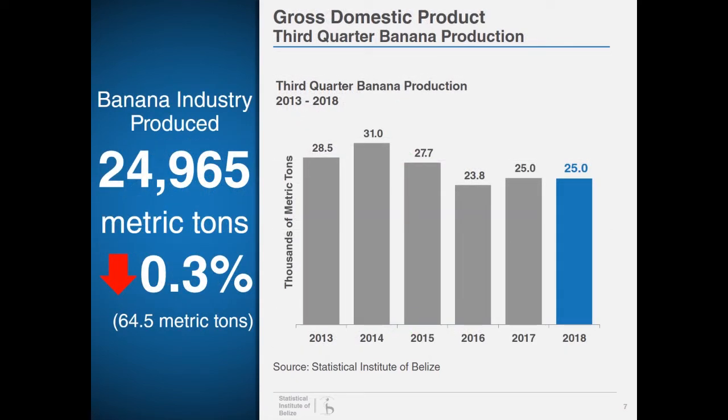Banana production for the months of July to September of 2018 stood at 24,965 metric tons, indicating a decrease of 0.3% or 64.5 metric tons. And this was due to adverse weather conditions.